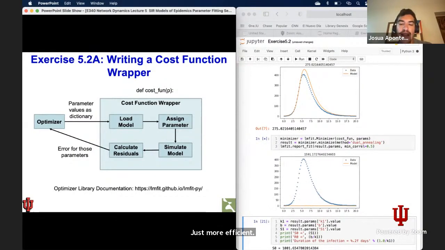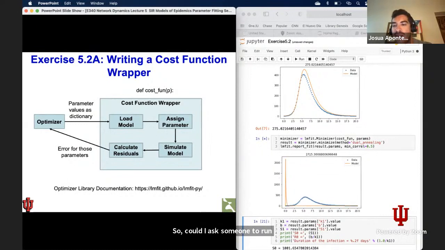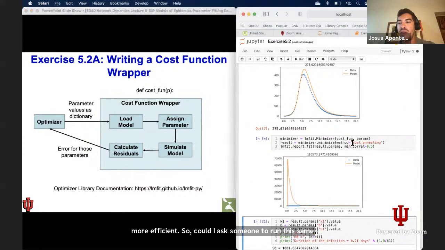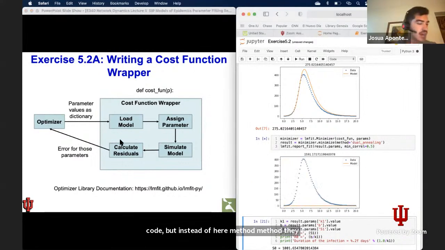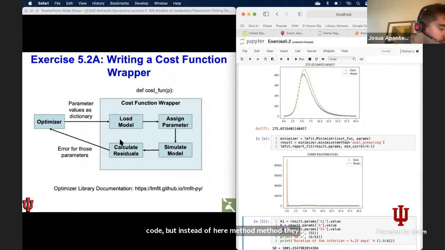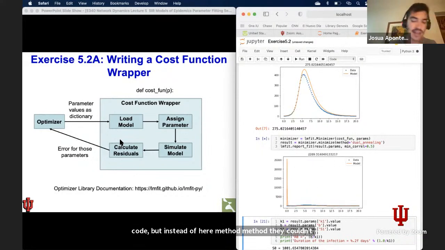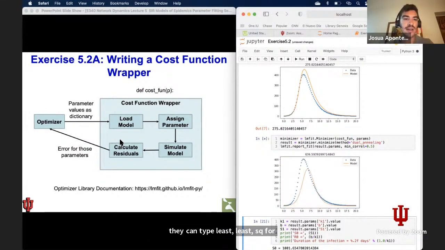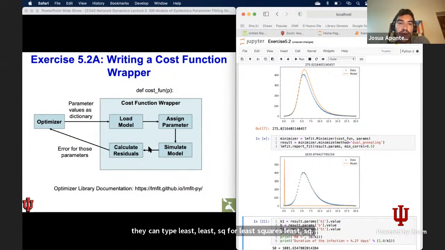So could I ask someone to run this same code, but instead of the method here, in method they can type least_sq, for least squares, and run it, and then tell me what you're seeing.